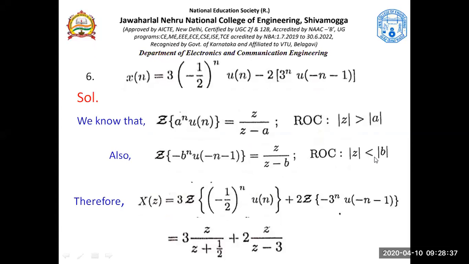Okay, now we have to write the ROC. So the first term would have the ROC greater than half. So you may say this half is actually minus half. It should have been Z by Z minus of minus half. So this is supposed to be minus half. But see here, it says Z magnitude.